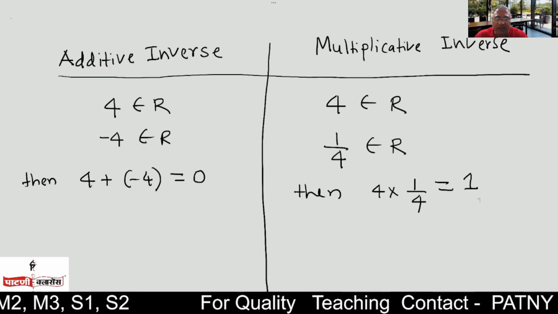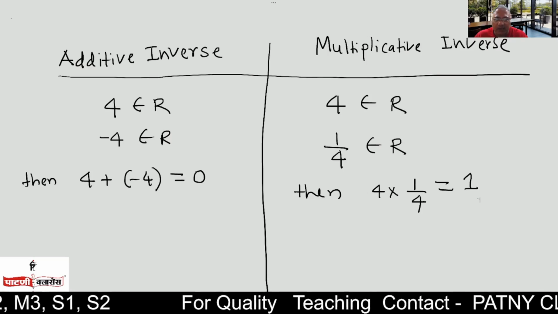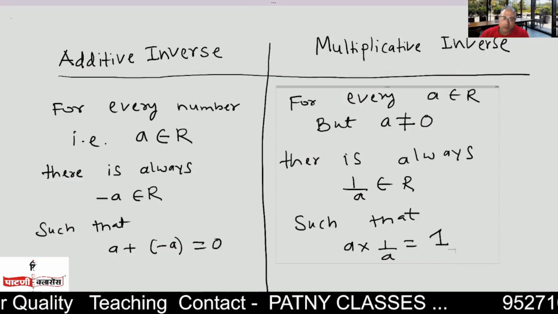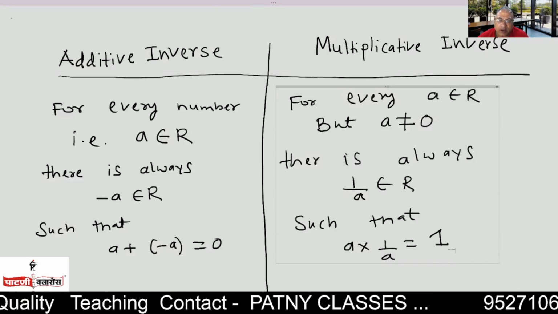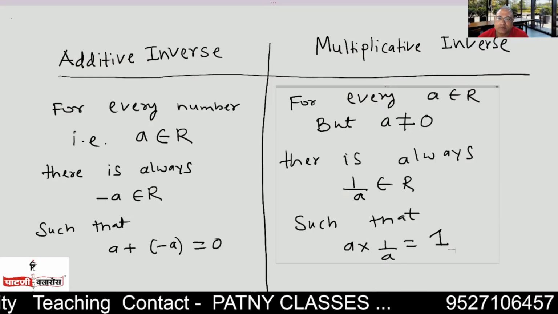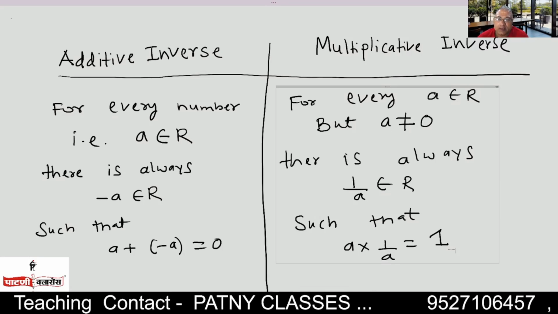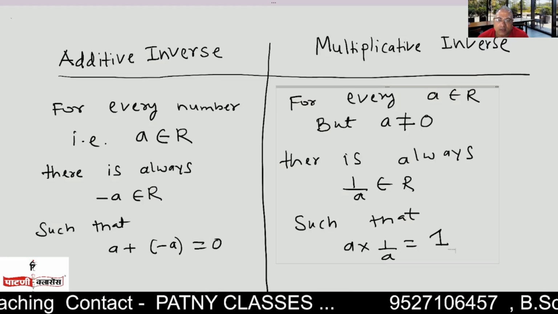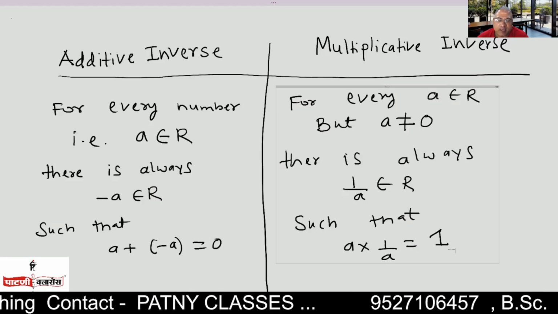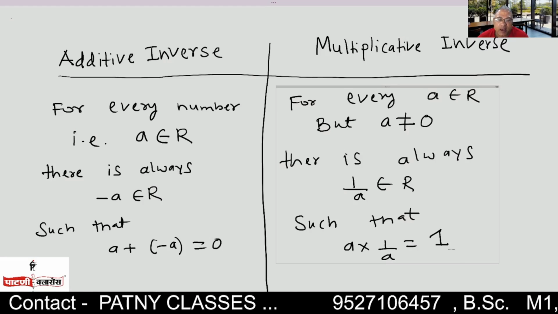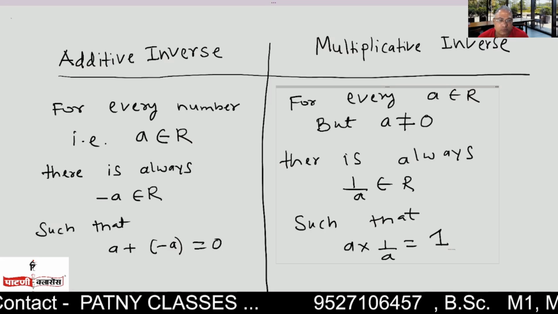We can technically state this idea as follows. Technical definition for additive inverse and multiplicative inverse: for every number, that is a belongs to R, there is always minus a belonging to R such that the addition of a and minus a equals 0.